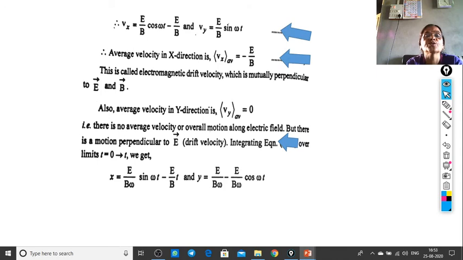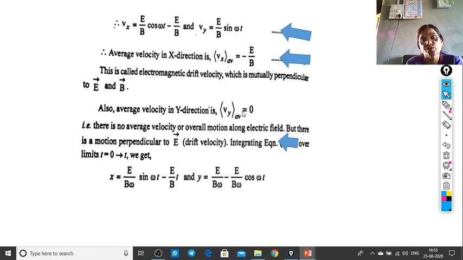It is perpendicular to both E bar and B bar. Hence, the average velocity in the y direction, Vy average, equals 0. The average velocity of the charged particle in the x direction is equal to minus E upon B, whereas the average velocity of the particle in the y direction is 0. These two equations are there. Now, what is the prediction of these two equations?